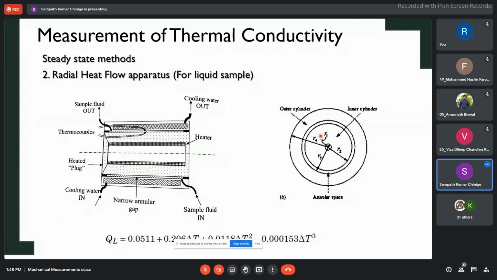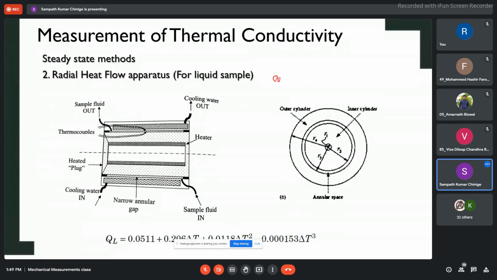But when it comes to liquids, if you remember the heat transfer course in BME, basic mechanical engineering, you might have understood that heat transfer takes place by means of convection. Again, convection is a combination of both conduction as well as advection.